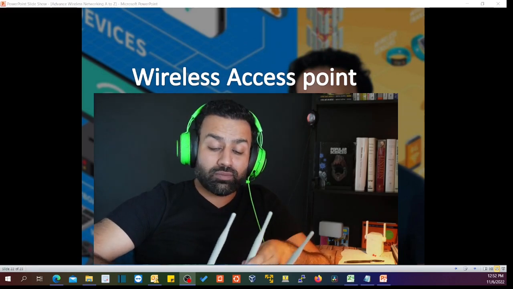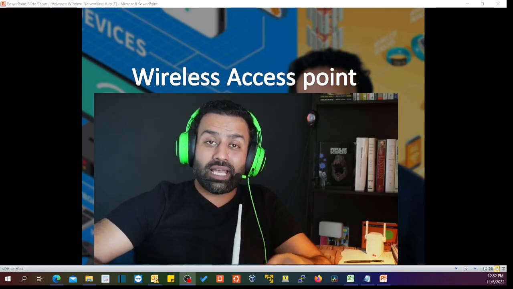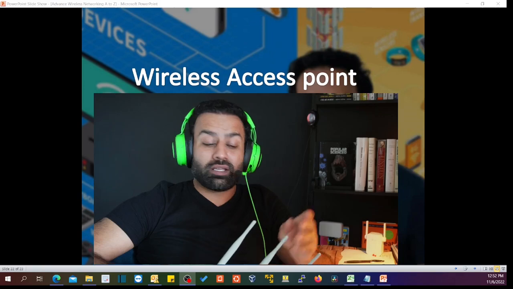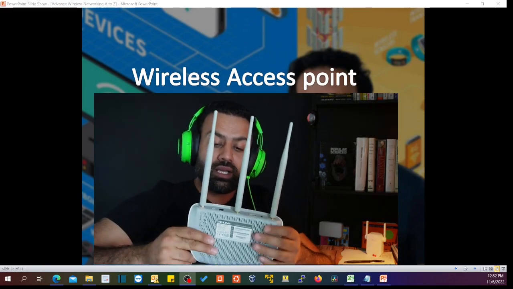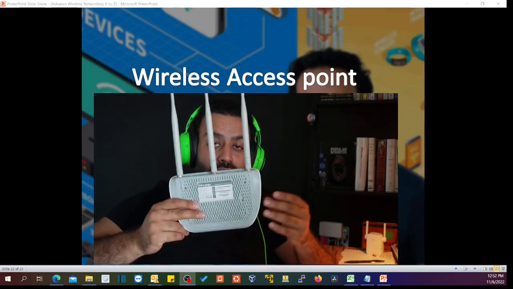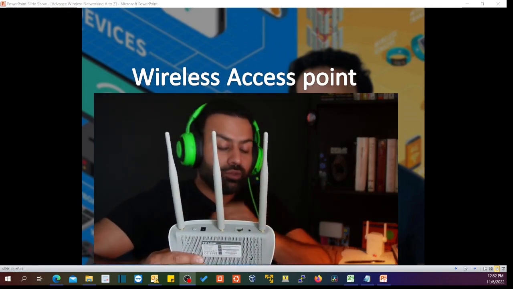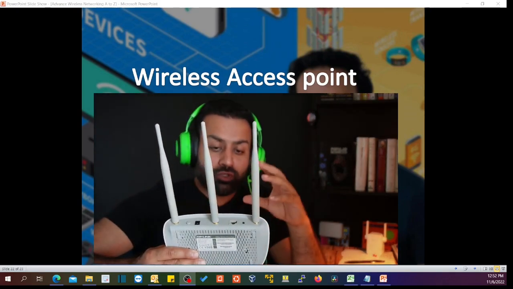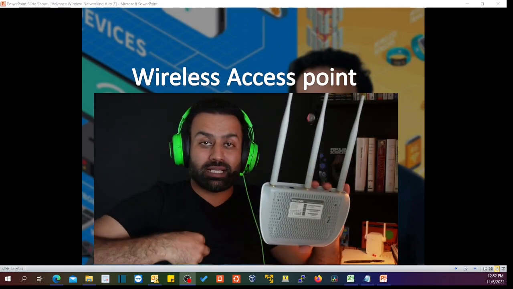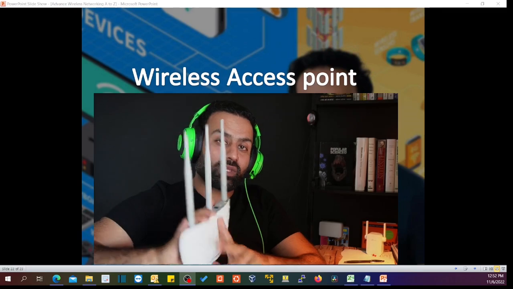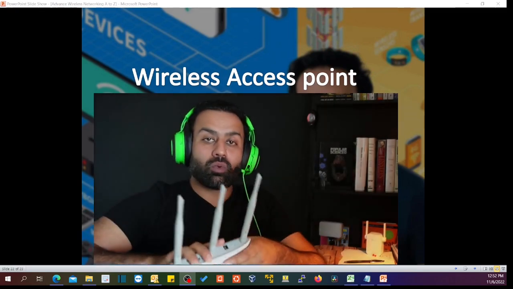I have seen some access points that now come with DHCP configuration, but so far this is a layer 2 device. We just need this to transfer, or access, our internet wirelessly instead of by wire.